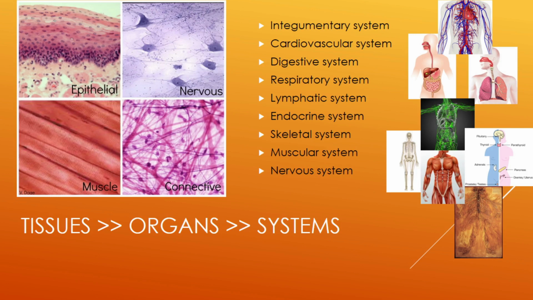There are different types of muscle tissue that are found in different parts of the body, and that all have different roles within the body. And then finally there is connective tissue. So bone, cartilage, stuff like that are all classed as connective tissues.